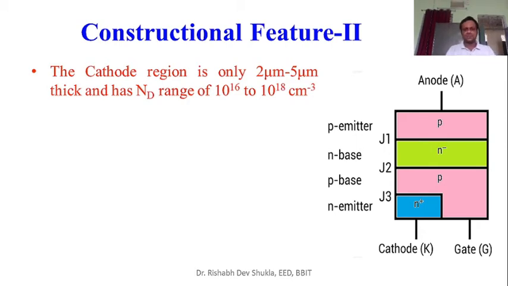Here the cathode region is only from 2 micrometer to 5 micrometer thick, and it is having the donor ion concentration ranging from the 10 to the power 16 to 10 to the power 18 per centimeter cube, which is shown here a blue color and plus layer.